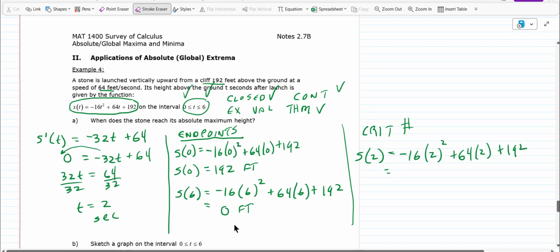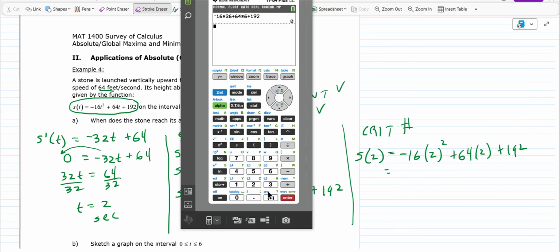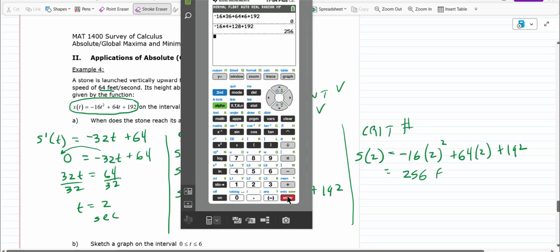I can do some of this on the calculator. So negative 16 times 4, since 2 to the second is 4, and then 64 times 2 is 128, and then plus 192. If you can do something in your head, you can. So anyway, that gives you 256 feet.